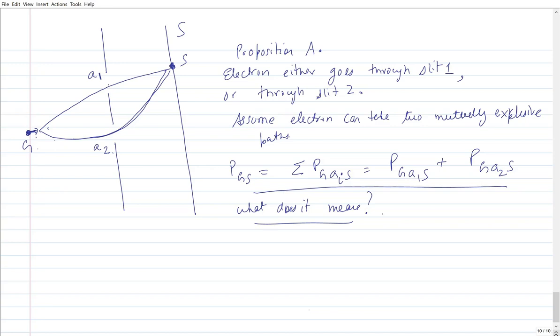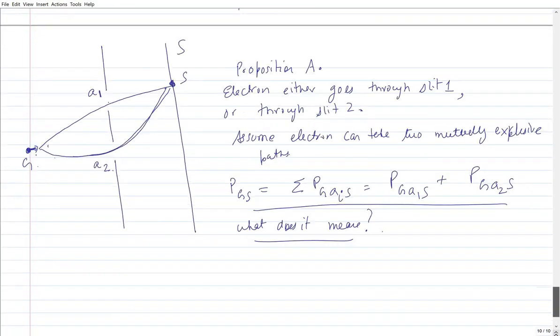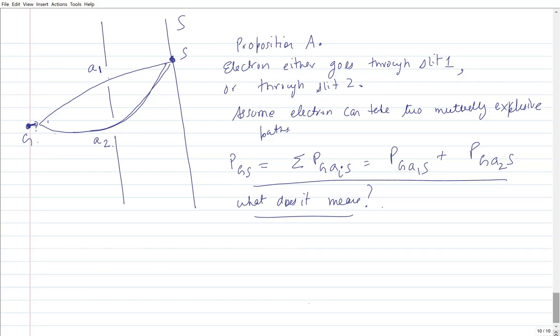But fundamentally, this is not what I observe, as I've already seen that the probability observed at C is actually less than P1 plus P2. So where are we going wrong, or what assumption is to be questioned?